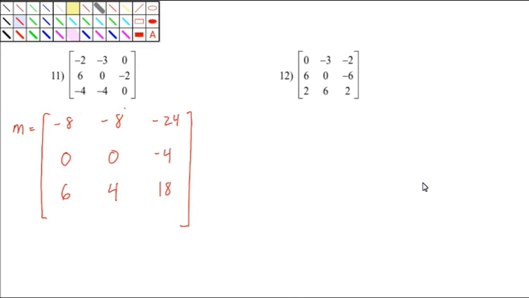Our next step is to determine the cofactor matrix, but we know that the cofactor matrix is the same thing as the minor matrix with selectively modified signs to certain elements, and I know that that is plus, this gets flipped, this is flipped, this is flipped, and this is flipped.